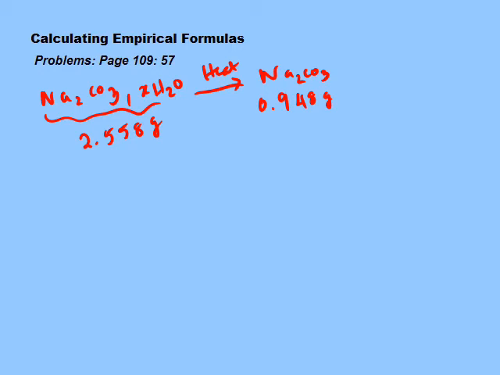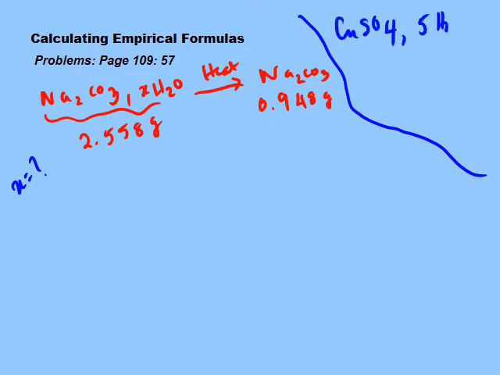Let's write down the question. Let me go over a similar problem just to give you an idea how we get this X value. One well-known compound is copper sulfate, CuSO4·5H2O. The question is, how do I get 5?